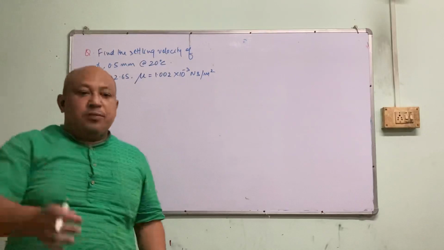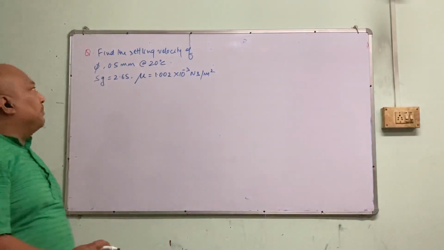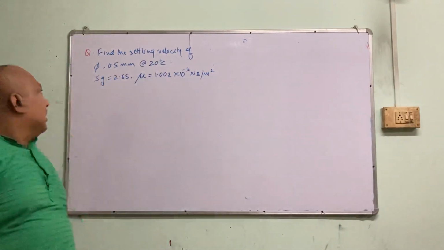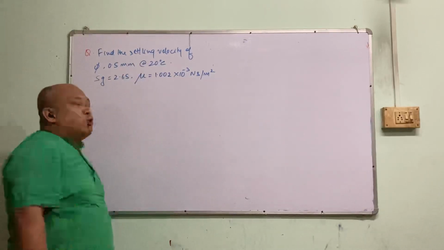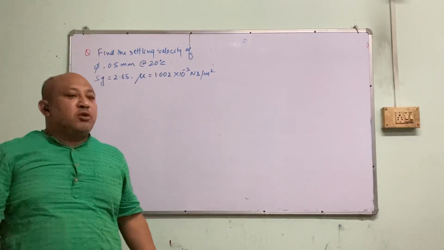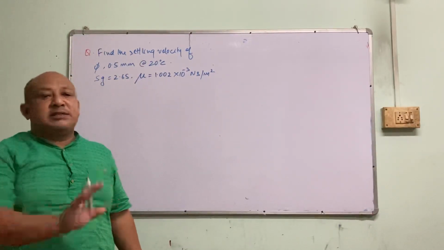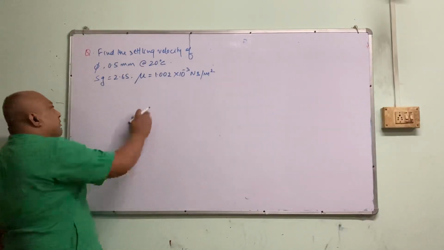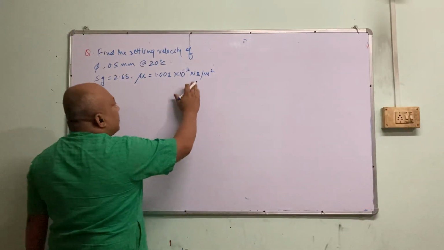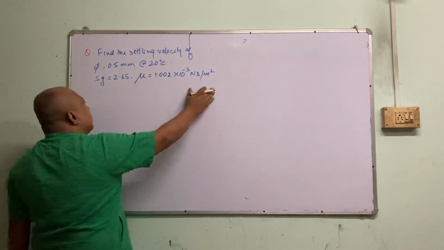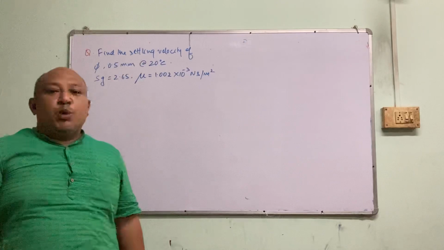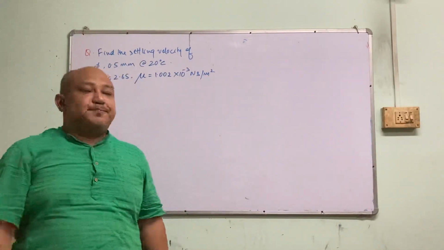A particle of size 0.5 millimeter is settling at an ambient temperature of 20 degrees centigrade, and the specific gravity of the solid is 2.65. If it's not 2.65, then it's not a type 1 particle, so it's not a discrete particle and this problem will not exist. The dynamic viscosity is 1.002 x 10 to the power minus 3 Newton second per meter square. Sometimes you can even memorize this value because it's very common for almost all the fluids we deal with in water or wastewater treatment plants.